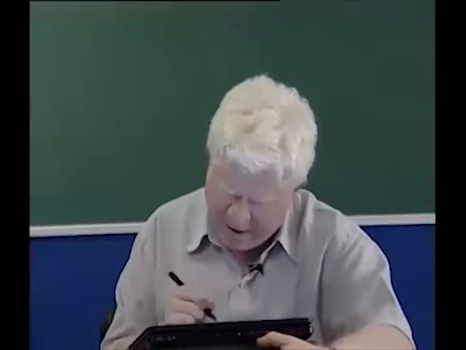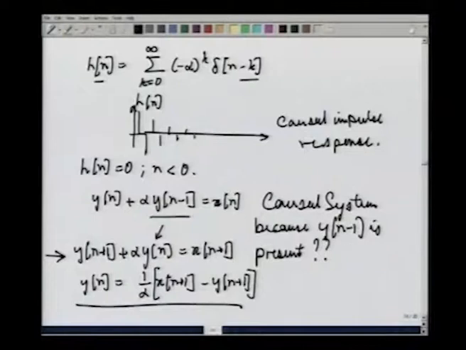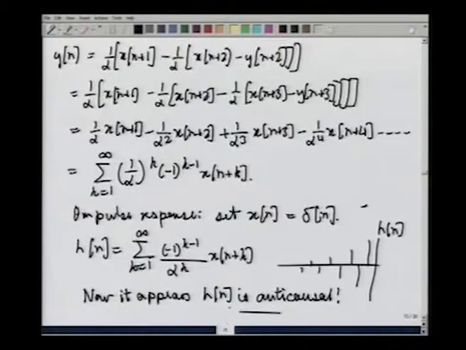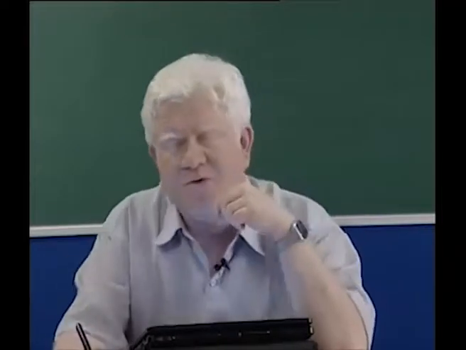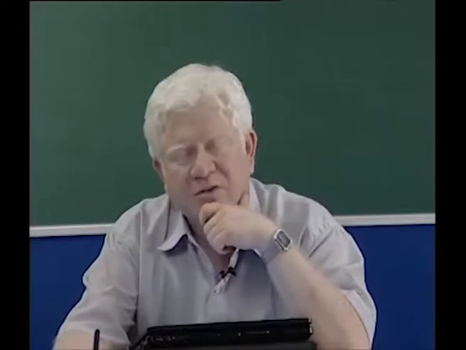The same equation on the previous page gave you an h n which looked causal. h n looks causal over there, because h n is 0 for n less than 0, whereas here clearly you have h n equals 0 for n greater than or equal to 0. This is what you have over here now. So, it appears to be anti-causal over here, very much in contrast with what we just discovered a little while ago. Now, what can we say about this?